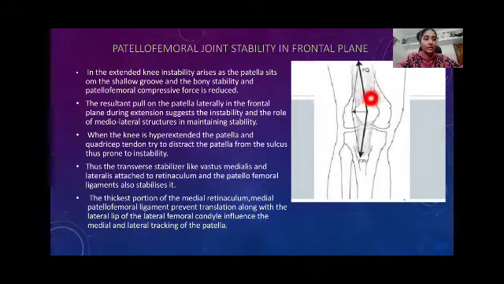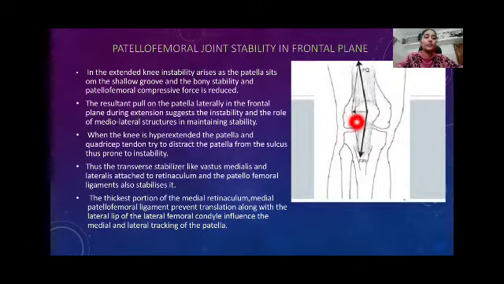So for the patella, the quadriceps force is up, the patellar force is down, and in the frontal plane there is a laterally directed force on the patella due to the resultant. This will be more, causing the patella to be subluxated laterally into an unstable position.